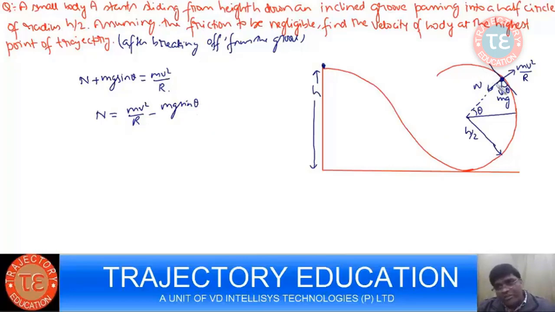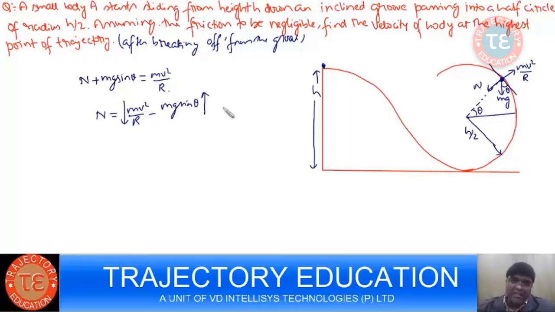As the body moves in this direction, this quantity is falling because k will fall. There is an increase in p, so k is falling, and this quantity is rising. So a time will come then this will become equal to this.